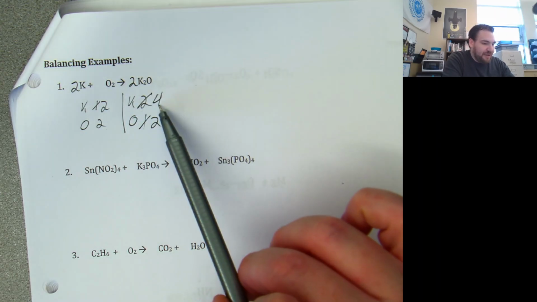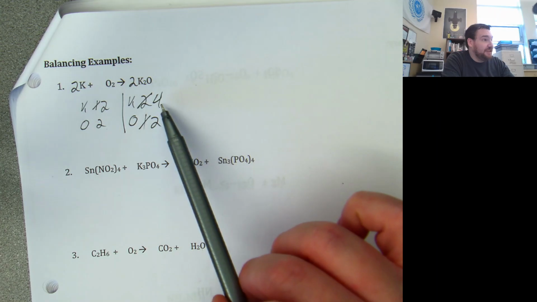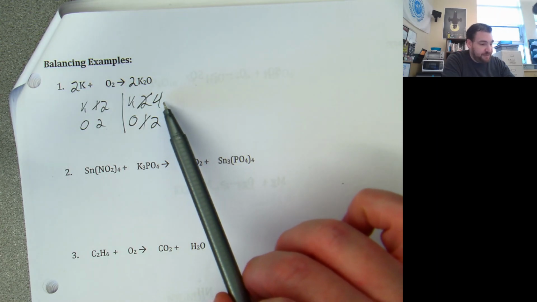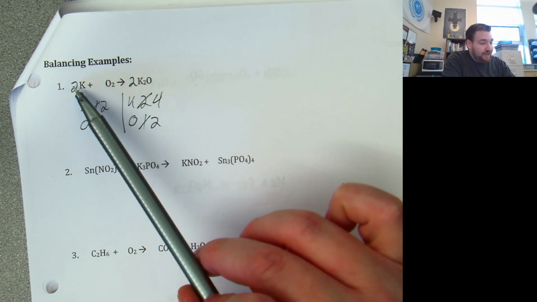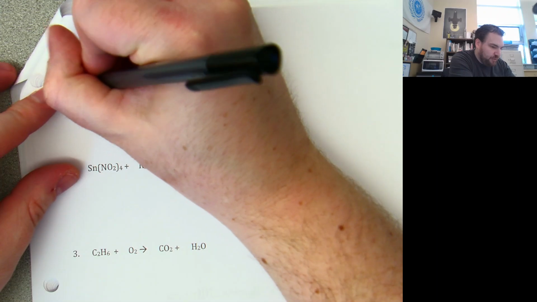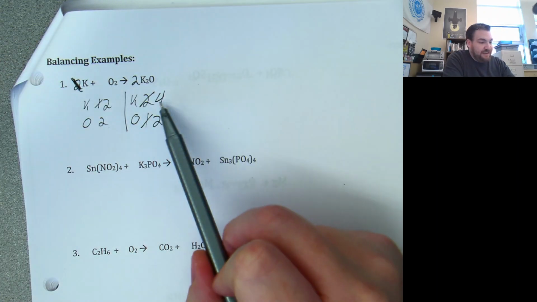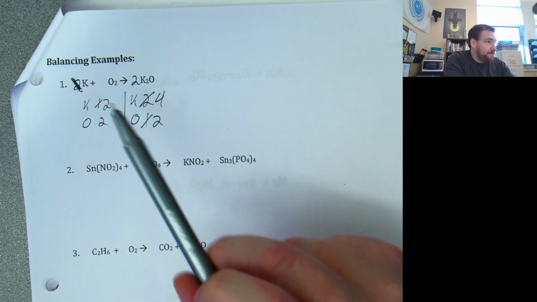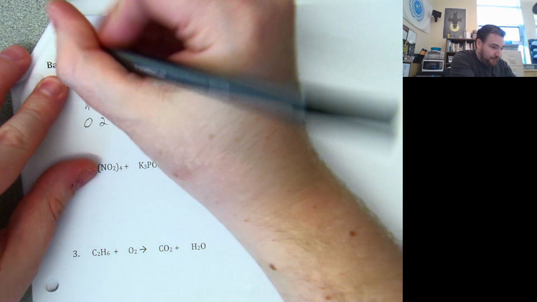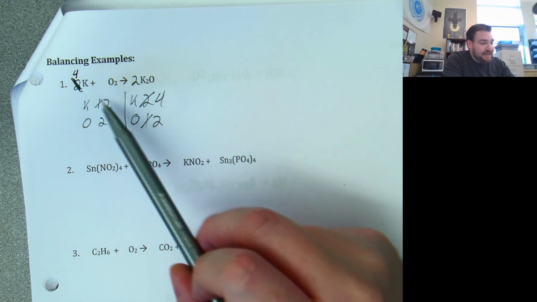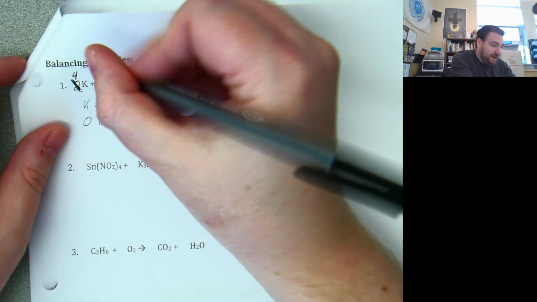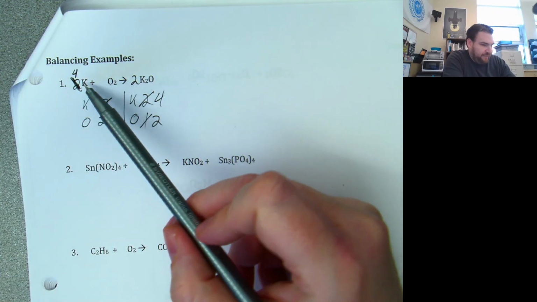So now I've got a problem. My oxygens are good now, but now I've unbalanced my potassiums. So let's go back and fix the potassiums. Instead of putting a 2 here, what could I change this to give me the right number of potassiums? Instead of a 2, I could make this a 4. And now, instead of having 2 potassiums here, how many potassiums do I have? I have 4.